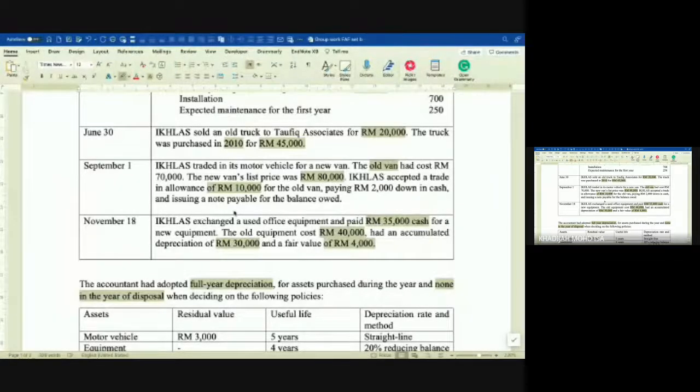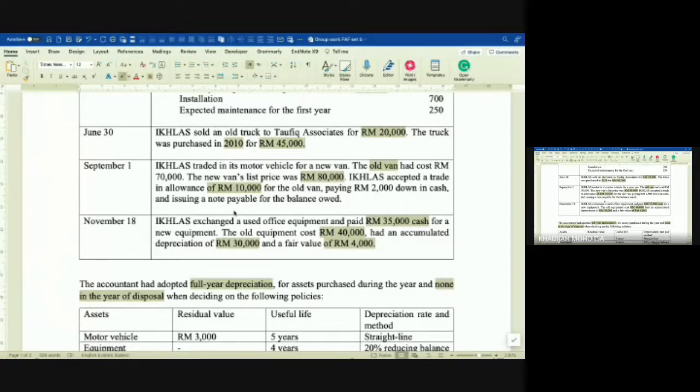IKHLAS accepted a trade-in allowance of 10,000 for the old van, paying 2,000 down in cash, issue a note payable for the balance owed. So you must understand that there are two vans here. One is the old van and the other one is the new van. On the old van, you have to record the disposal, and the new van, you have to report on the acquisition. So there are two types of journal entries here.